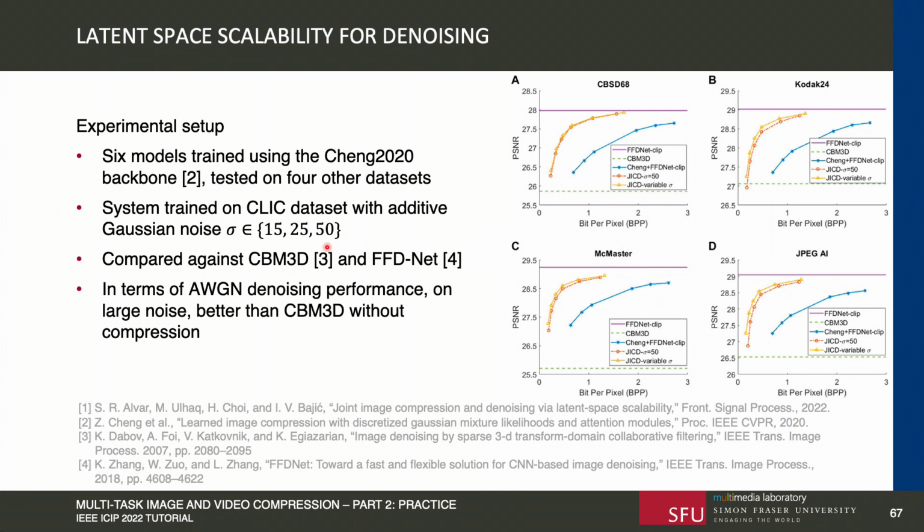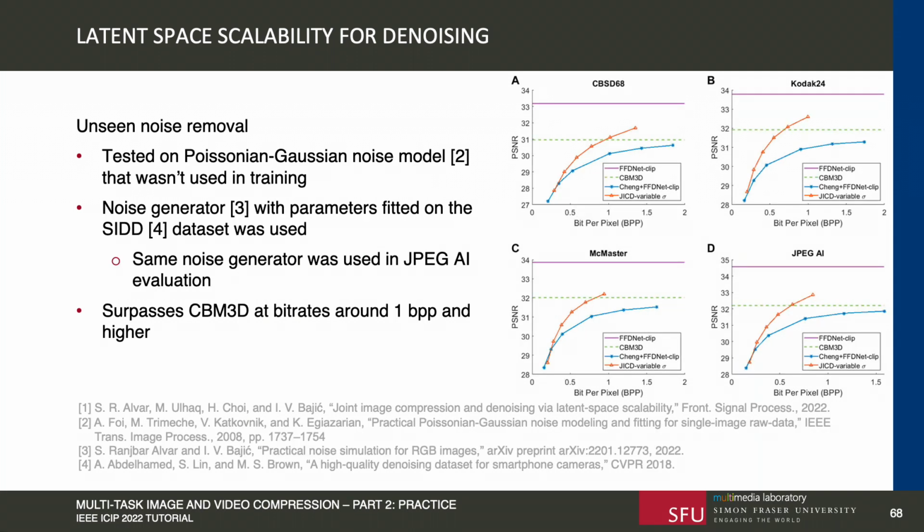However, this noise level of sigma 50 is quite high, unlikely to be found in practice, but found very frequently in the literature. So if you want to compare with the work in the literature, you're kind of forced to work with some of these unrealistic noise levels. So what we also did is compare the performance on a more realistic noise, at a lower noise level and unseen during training.